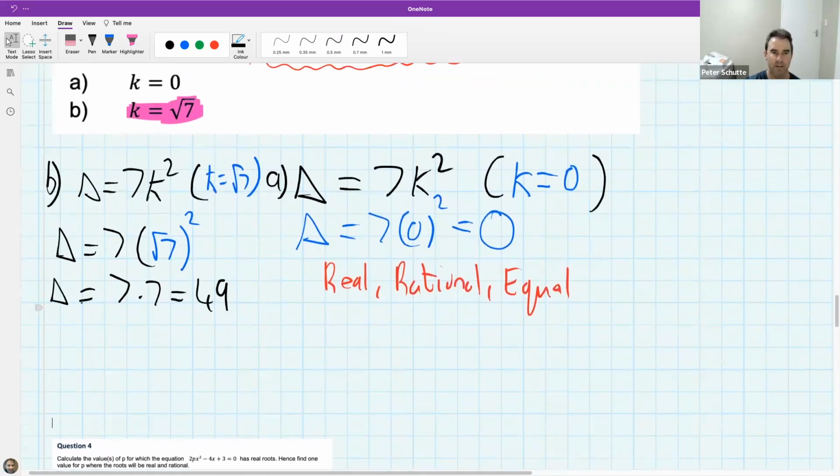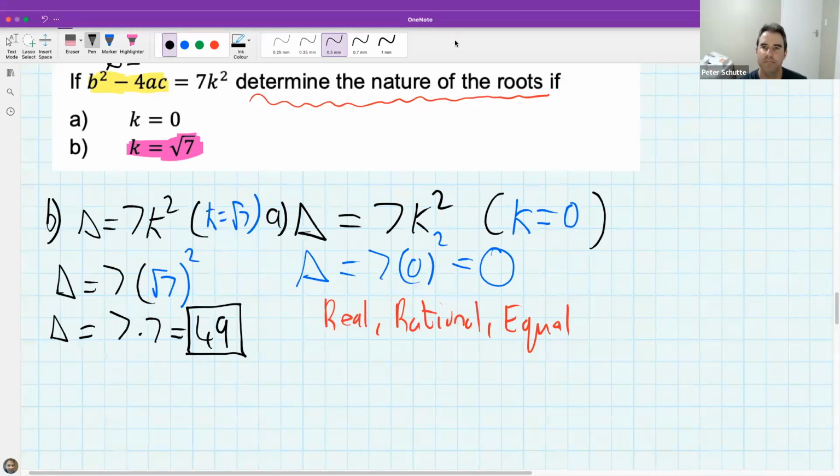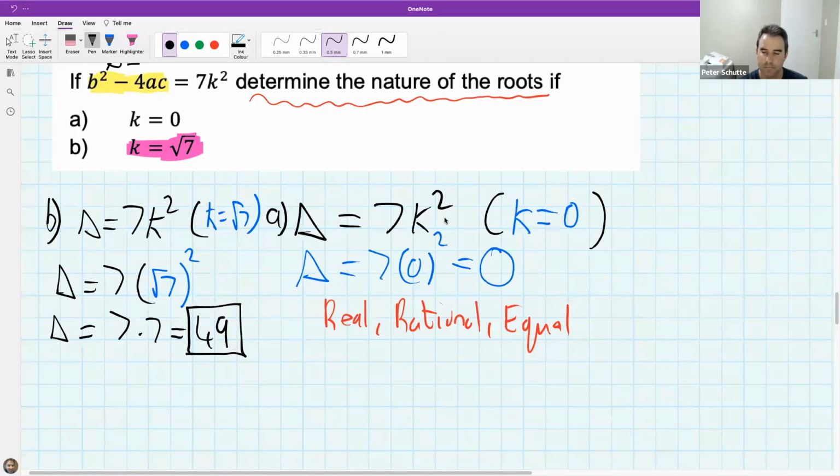So what are b's nature of the roots? It feels like most people are agreeing with me that delta should be 49. So how do we interpret that?